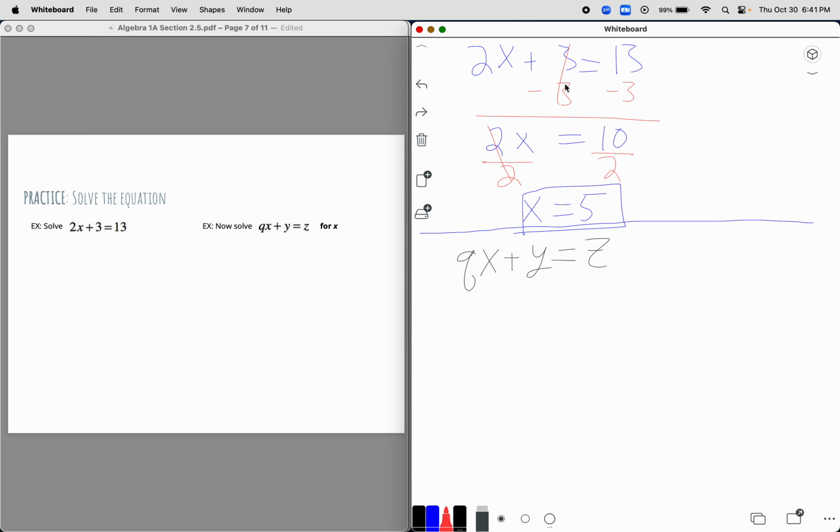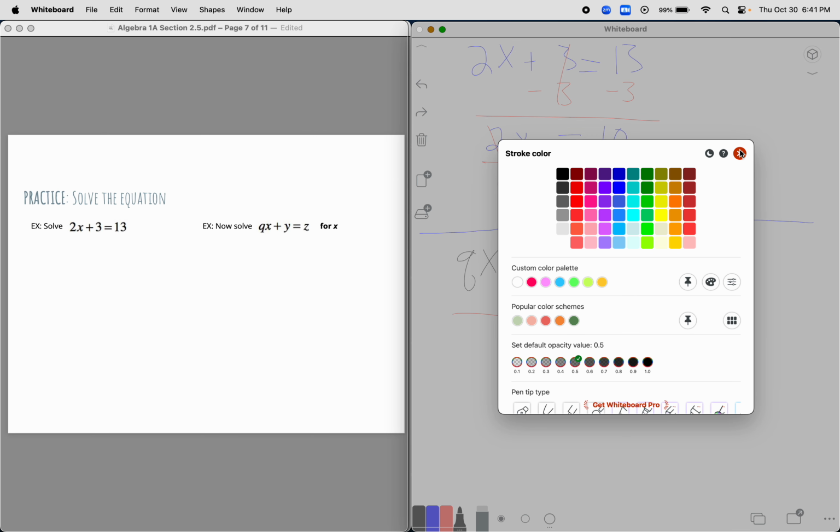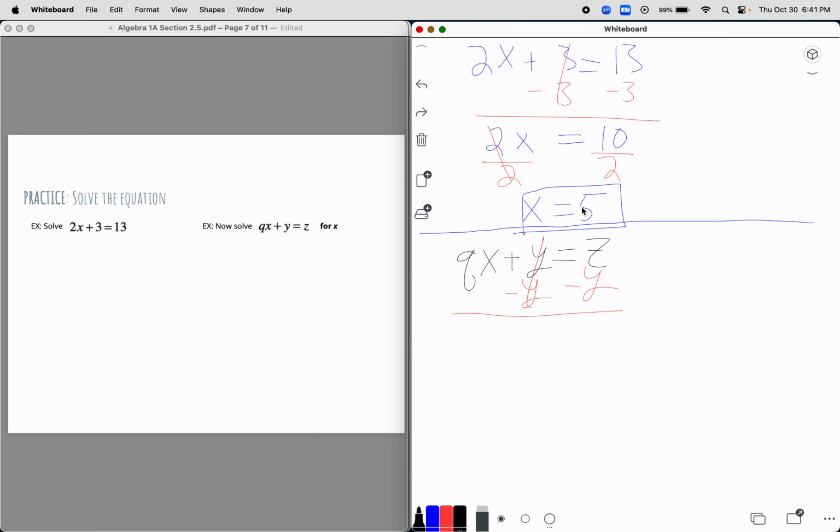Just like we subtracted the 3 from both sides here, we're going to subtract first. What are we going to subtract? We're subtracting y. The y's cancel. Let me drop this little line since you guys like lines. The qx drops. Equal sign drops. Now we can't put 10 here like we did with 13 minus 3 in the initial one.